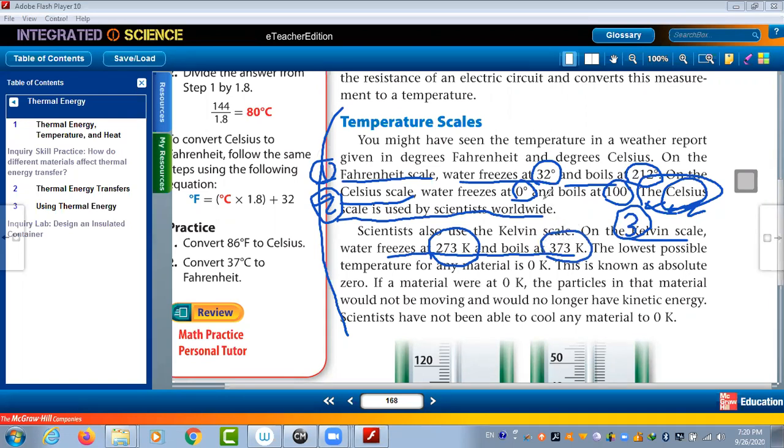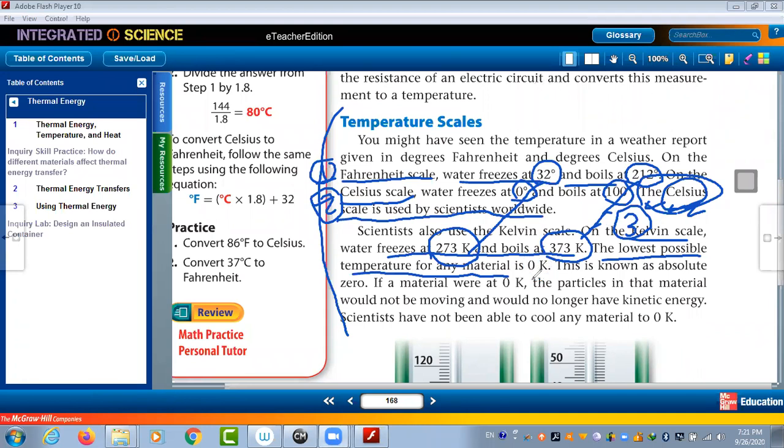So there is a comparison between the Fahrenheit, Celsius, and Kelvin scales. You have to know the freezing point and the boiling point for each one: 32, 0, 273, 212, 100, 373. Look at this point: the lowest possible temperature for any material is 0 on the Kelvin scale.